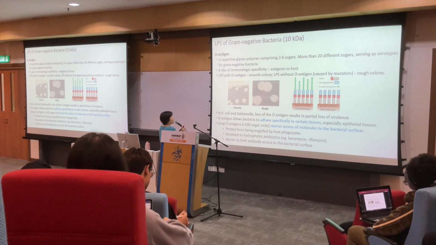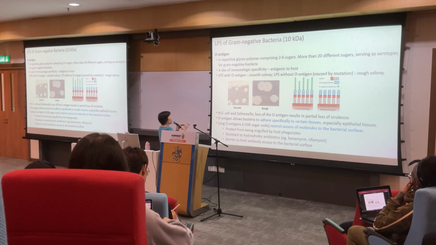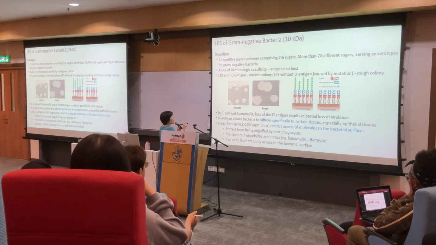So it's very easy to distinguish between smooth and rough. And more importantly, they knew that the O antigen is one of the virulence factors. The reason is that when they removed the O antigen, tested in E. coli and Salmonella, there was partial or total loss of virulence.